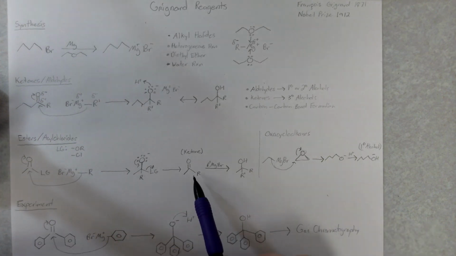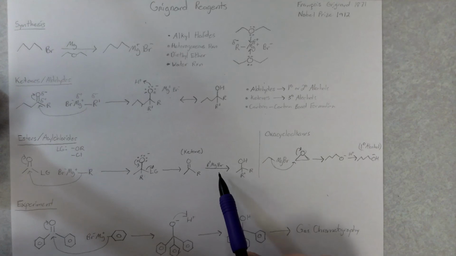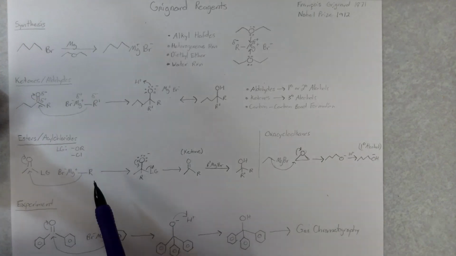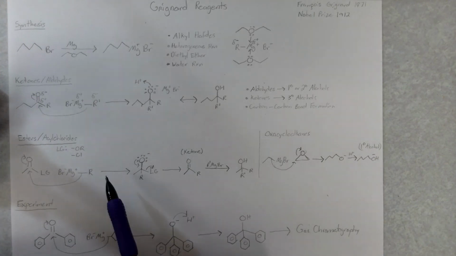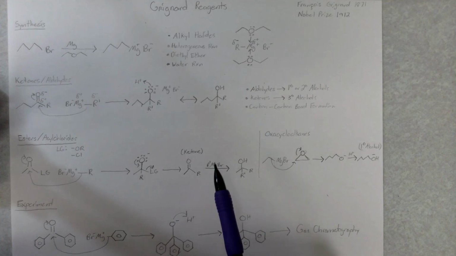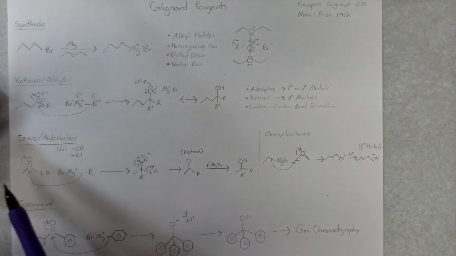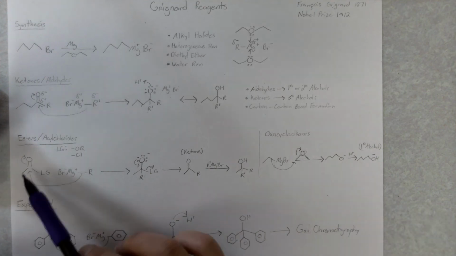And with that, we're able to react one more molecule of the Grignard reagent to form our alcohol. So with esters and acyl chlorides, we're actually able to react 2 molecules of our Grignard reagent for every 1 molecule of our other reagent, our carbonyl group.